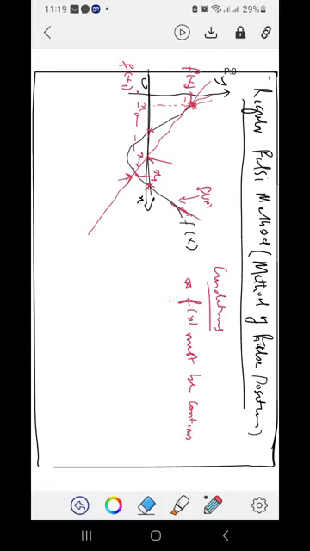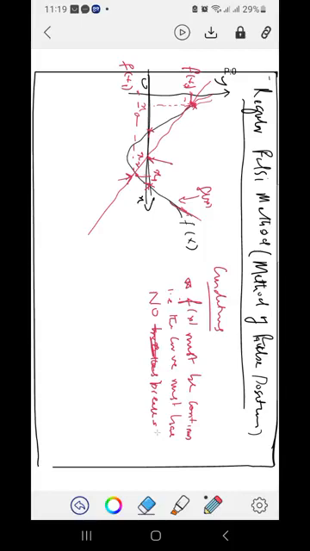That is, the curve must have no breakages. It must not break, it must have no breaks. All right.